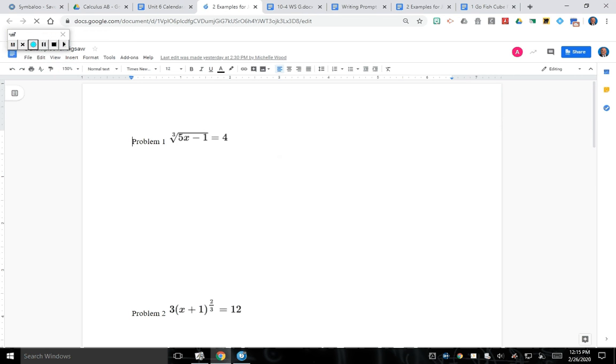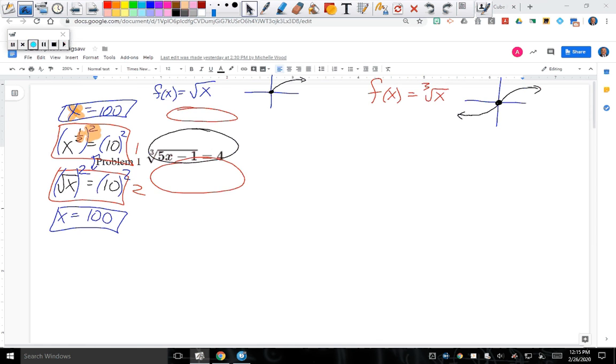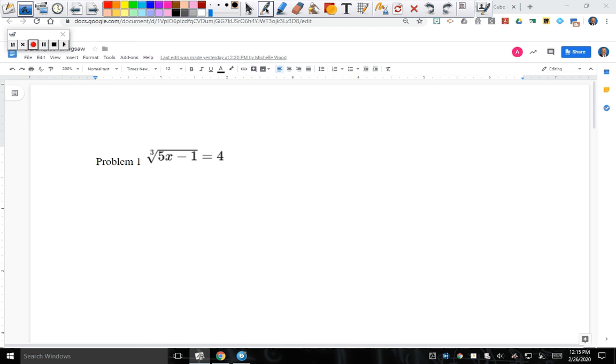difficult at all. Just want to make sure that we understand the processes with cubed root functions and how to solve for their answers. So guys, there's a difference between a cubed function versus a cube root.